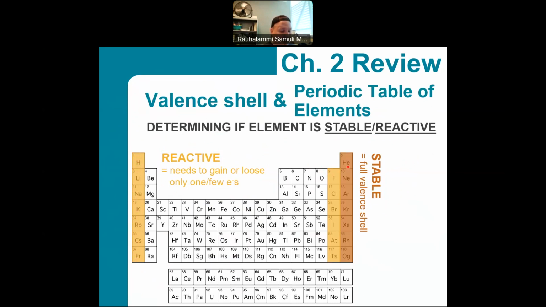We also have elements that have that full valence shell, and these particular elements are very, very stable, so they don't tend to be reactive in chemical reactions most of the time. So again, simply by looking where different elements fall on the periodic table of elements gives us an idea of how reactive or how stable these elements are going to be.